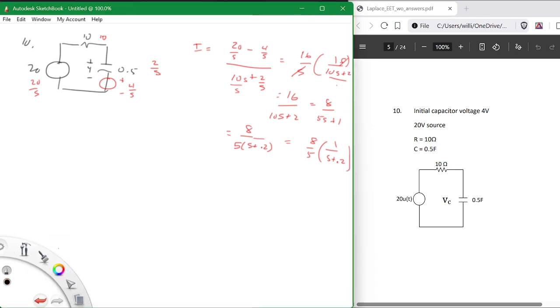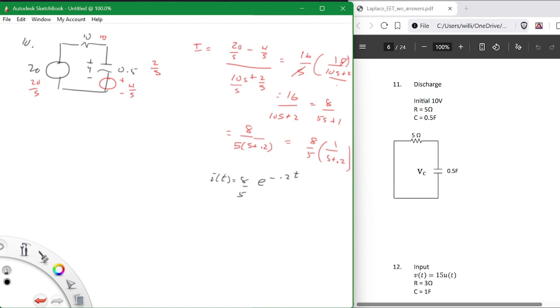I of t, 8/5, e to the minus 0.2t. Okay, any questions about number 10?